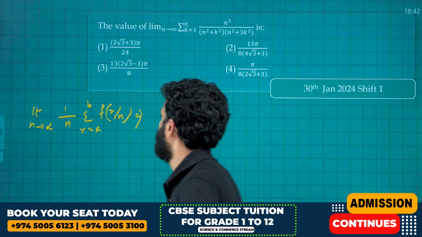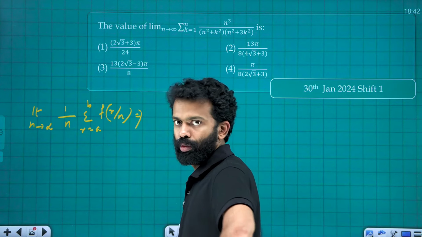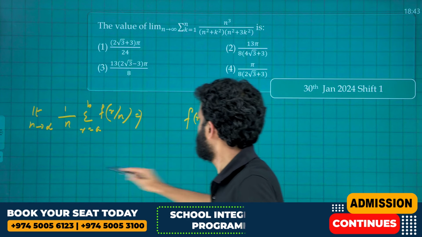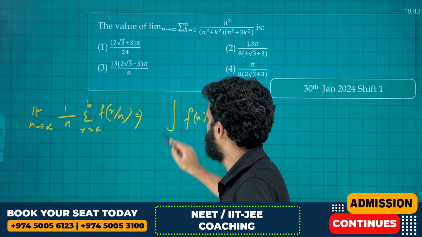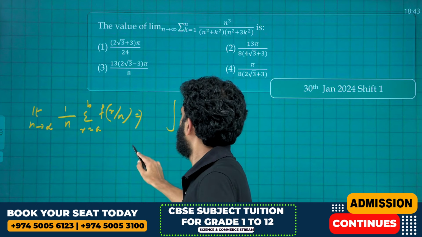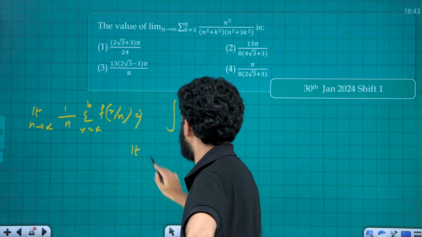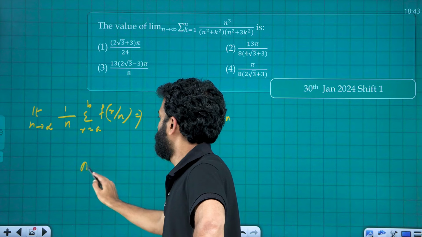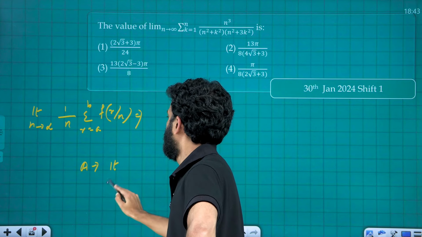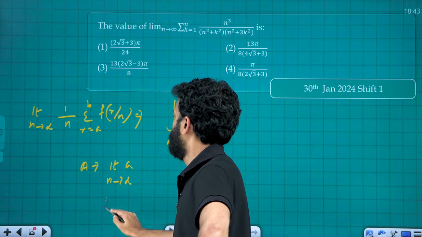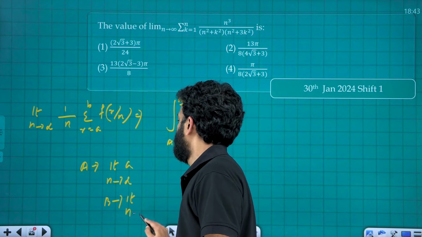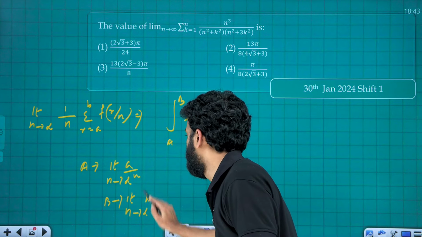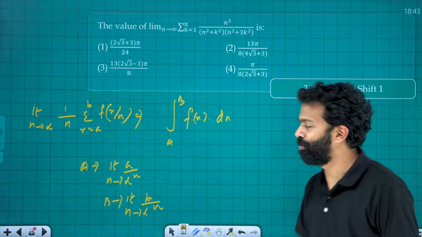This can be written by transforming r by n to x, therefore it will be integral of f of x dx, and the upper and lower limits we can mark as capital A and capital B. Capital A will be limit n tends to infinity of a by n, and capital B will be limit n tends to infinity of b by n.